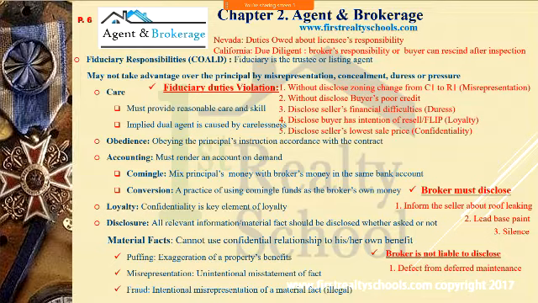Unless you have special equipment, that's not the broker's responsibility. In the exam, everything is agent, broker. Inaccessible areas, for example the crawl space or the attic, are not the broker's responsibility.